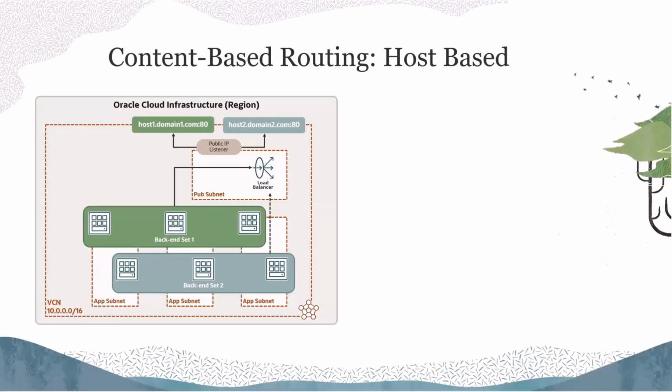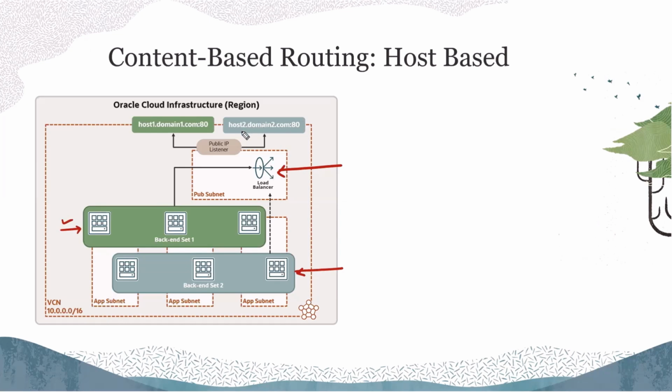I also discussed two different architectures, host-based and path-based routing. In this architecture, this is the load balancer that we have deployed in a public subnet. These are the two different backend sets. We can have a scenario where if you are requesting host1.domain1.com, the load balancer is going to send it to this particular backend pool.